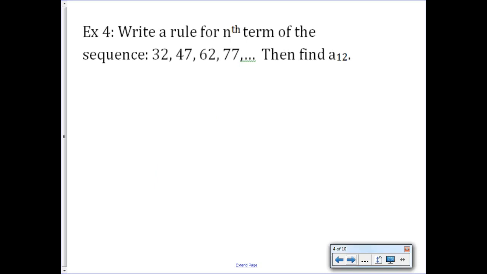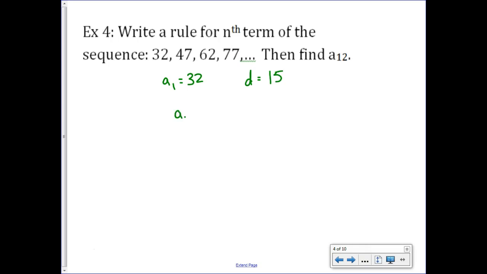Okay, write a rule for the nth term of the sequence, then find A sub 12, or the 12th term. Well, A sub 1 is 32. Our common difference, what are we adding every time? Looks like we are adding 15 every time.